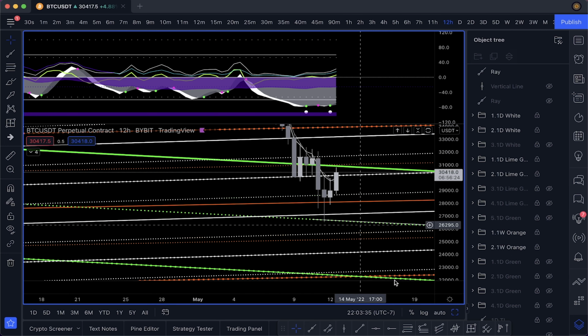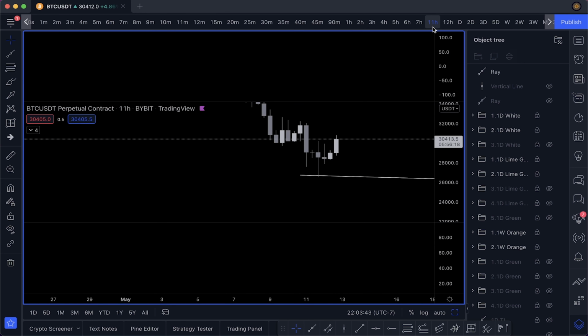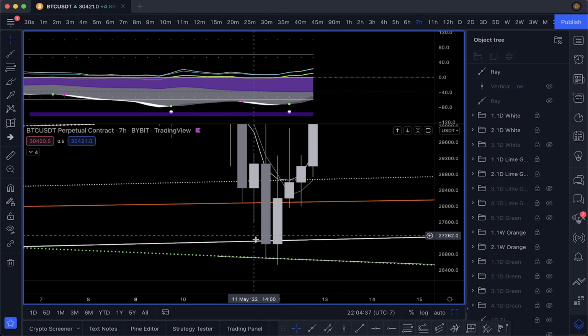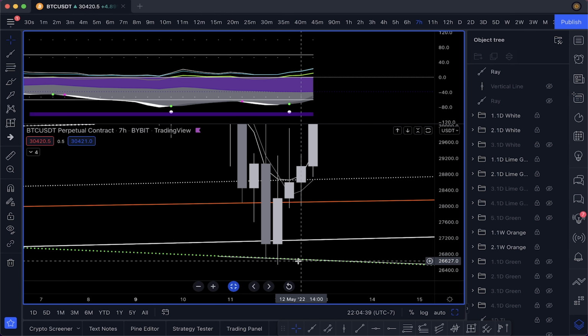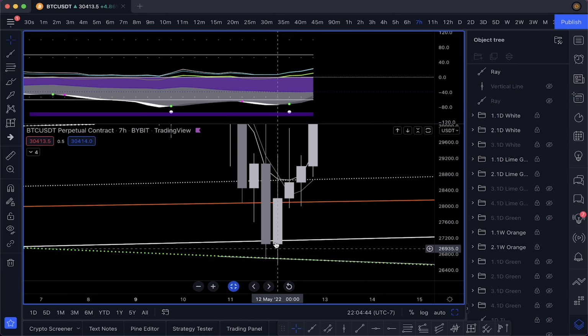Check on the RSI real quick. We don't have it on the 12 hour. We do have a divergence on the 11 hour though. So we basically have divergences all the way from 11 hour down. The reason I put my ray on this trend line and not this one is because of how close they are.